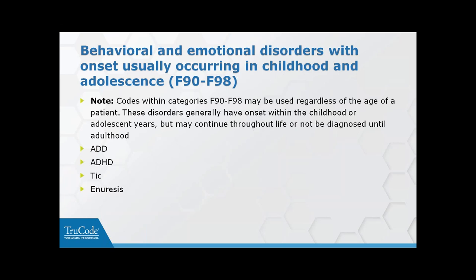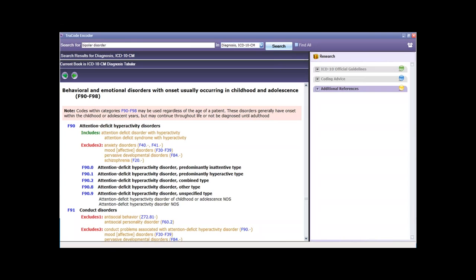We'll have kids that go through ADD testing, and all of a sudden the parent will realize, oh my gosh, I'm ADD as well, and so then they will be very successfully placed on medication. So even though they're in this area that says usually occurring in childhood, the note reminds us that it is okay to use this anytime in the person's life as it is an appropriate diagnosis. And some people might need treatment that may start when they're in grade school and may continue throughout their entire life.